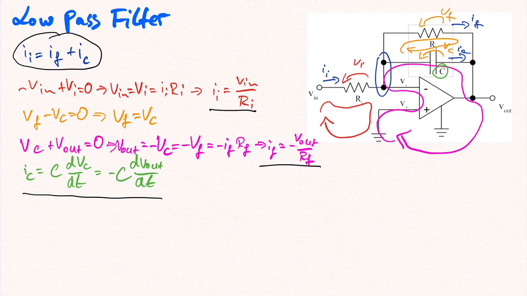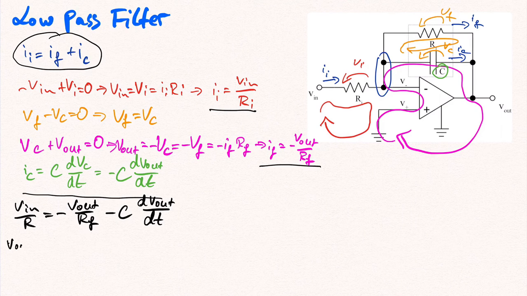This gives us that Vin divided by Ri is equal to minus Vout over Rf minus C times the first derivative of Vout. Multiplying both sides with minus Rf yields Vout plus Rf C times the first derivative of Vout is equal to minus Rf divided by Ri times Vin.